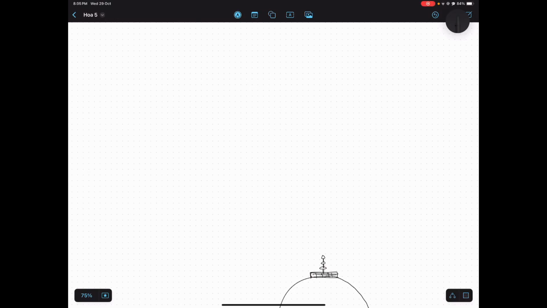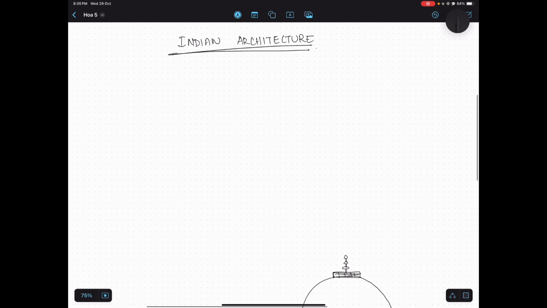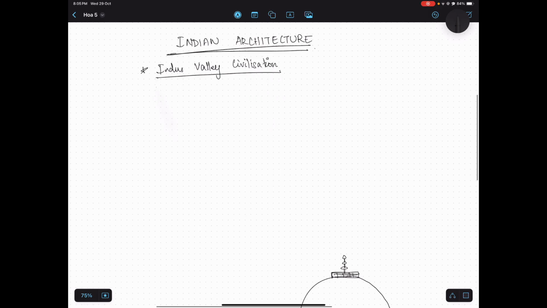Let's start with Indian architecture. So the very first evidence of Indian architecture that we could trace back goes to the Indus Valley civilization, which is based off river Sindhu Saraswati.